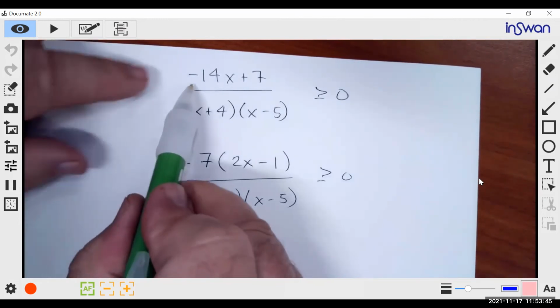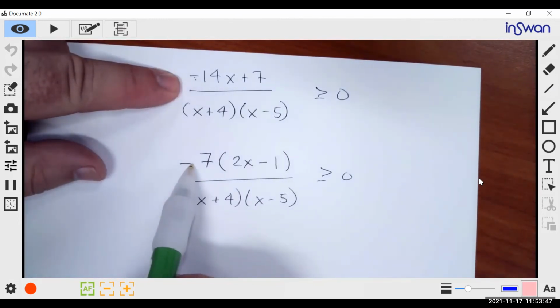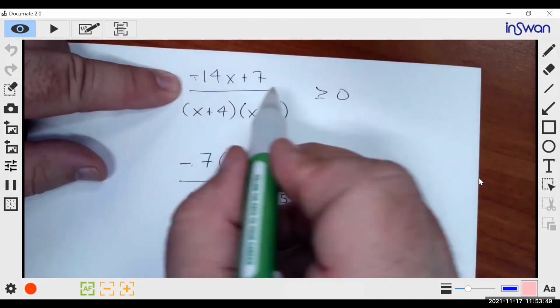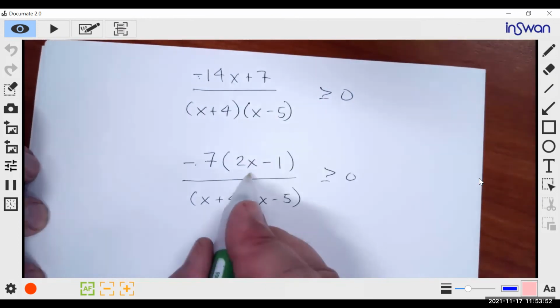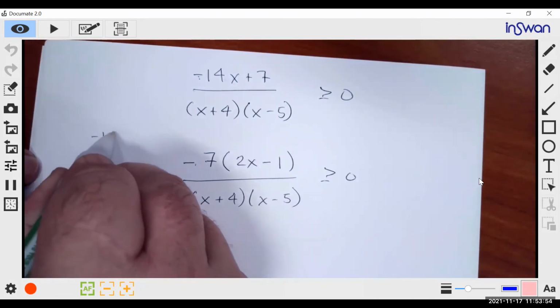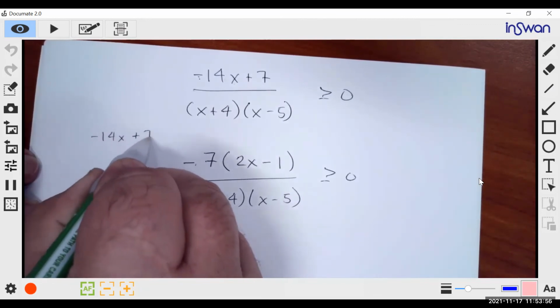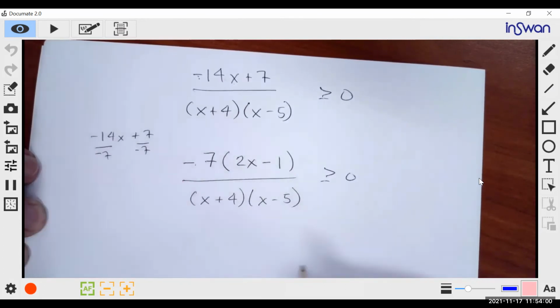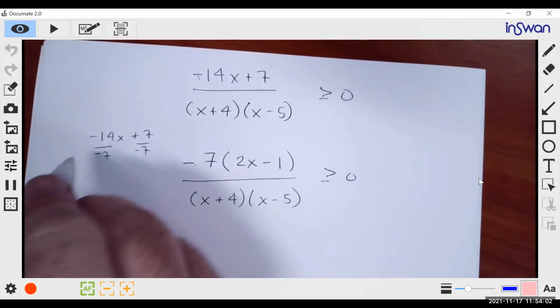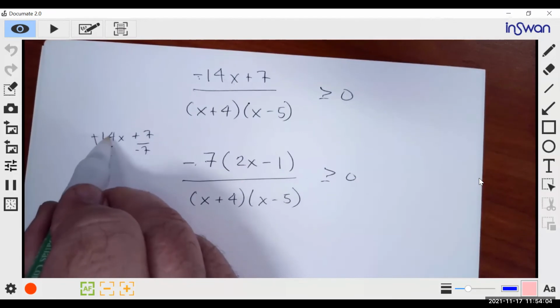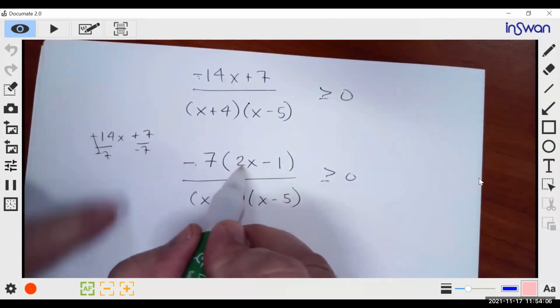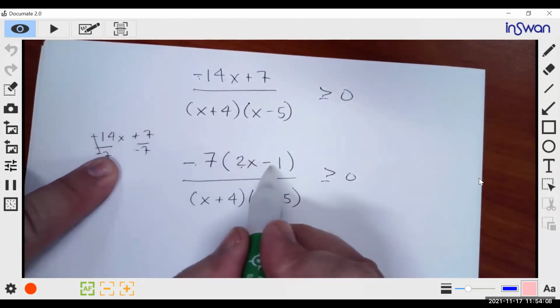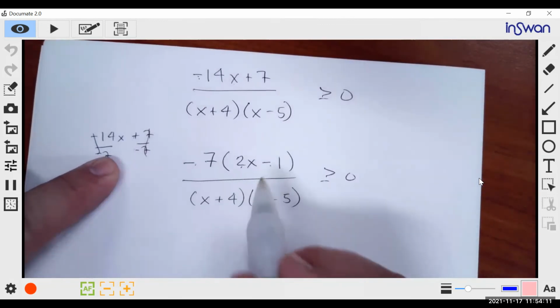Remember, since it's a negative in front, I have to factor out the negative, and since they both have a 7, to figure out what goes inside the parentheses, since I factored out a negative 7, I divide both of those by negative 7. Negative cancels. 14 divided by 7 is 2x. Positive negative is a negative. 7's cancel, so it's a 1. So we get 2x minus 1.